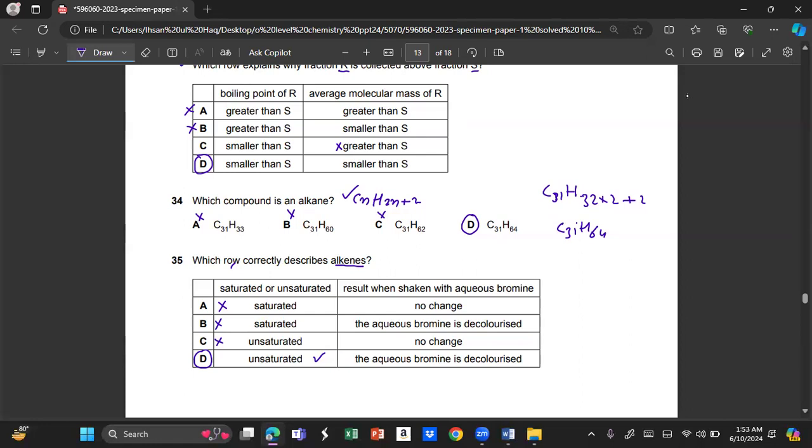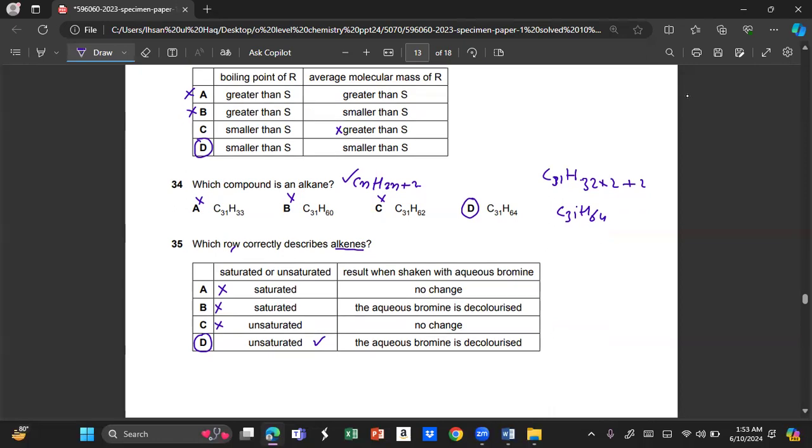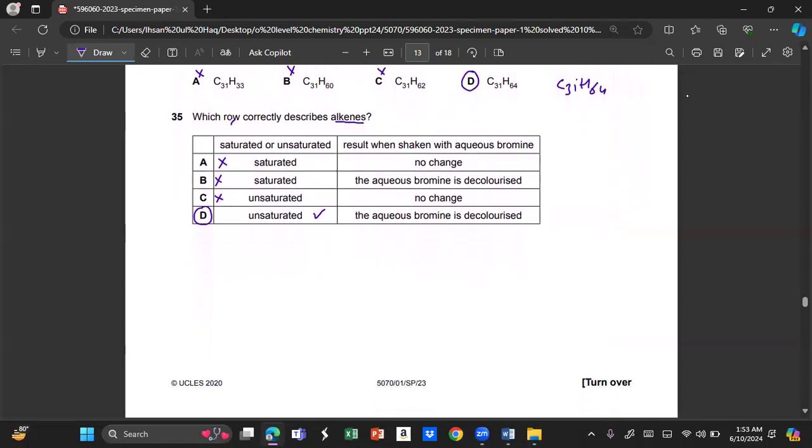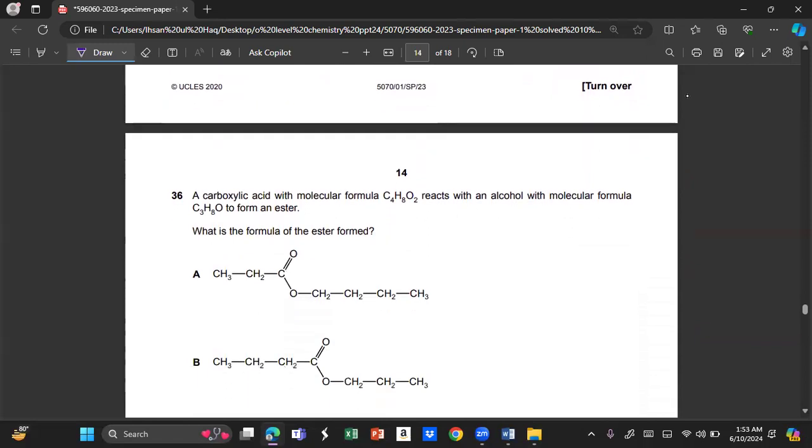The difference between saturation and unsaturation can only be shown chemically by using bromine water at your level. Although there are many other tests as well, at your level you mostly use alkene with bromine water. Now move to the next question.